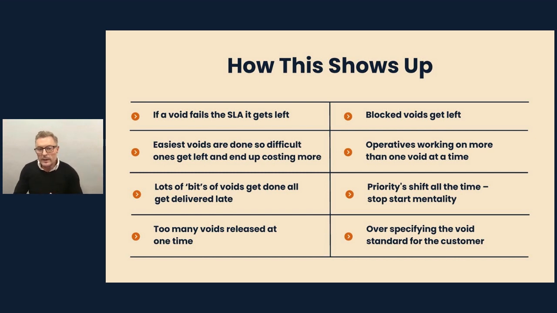Another thing that we find is that unless you really run your allocation system with your void system, priorities are shifting all the time, and you have this stop-start mentality where many times I've been working on jobs with operatives and they're told to stop, jump onto the next void because that one's easier, or it's keeping them busy. And the other thing that happens is an overspecification of the void standard for the customer.